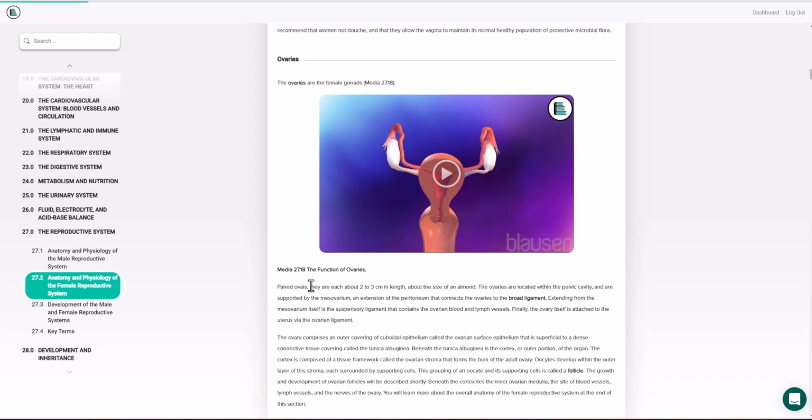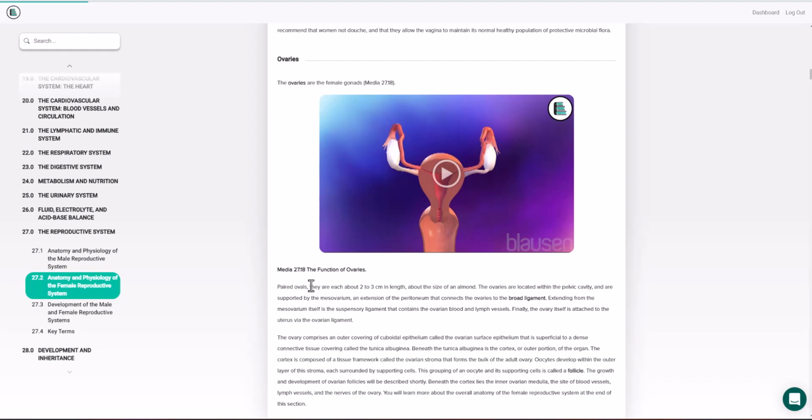So the same cells of the body that form the ovary have the potential to become the testis, or the same cells that go on to form the penis form the clitoris, and the similar structures that form the scrotum in the male, those flaps of tissue become the labia in the female.